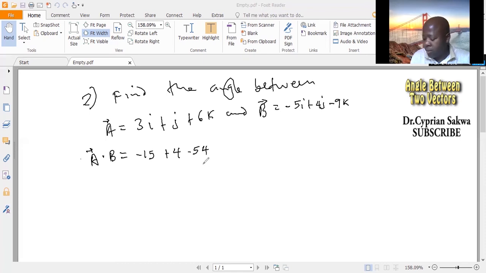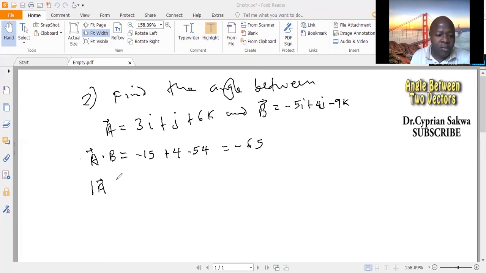The first two give us negative 11, then plus negative 54, that is negative 65.